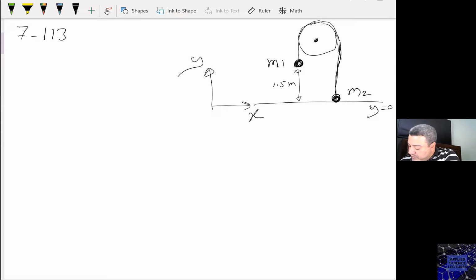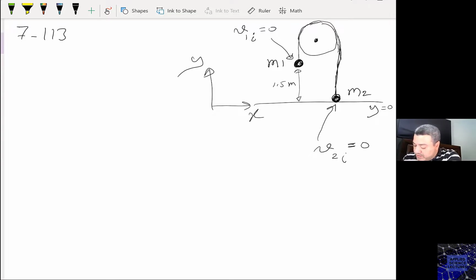V1 initial is at rest, so we call this one V1 initial is 0. Also V2 initial is also 0 because they're starting from rest.